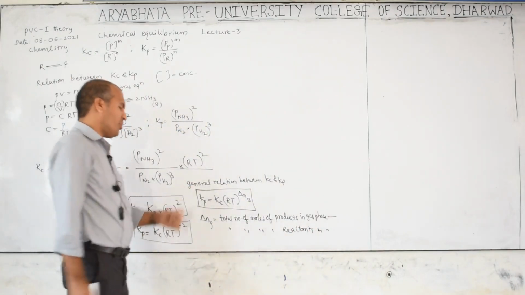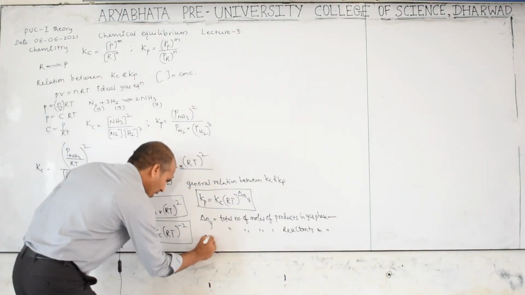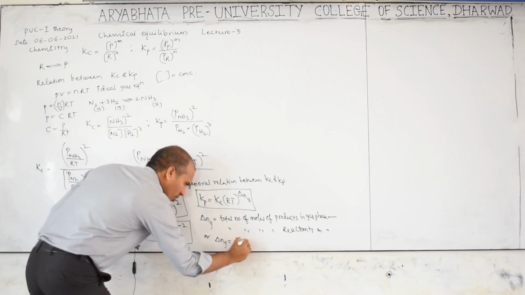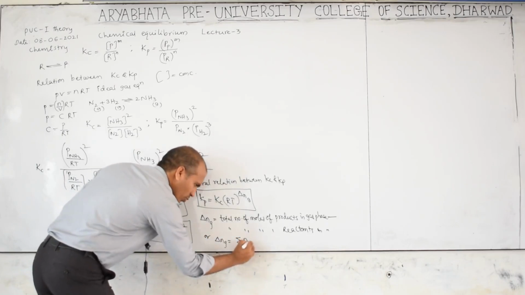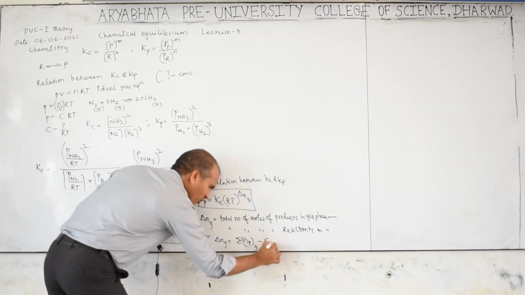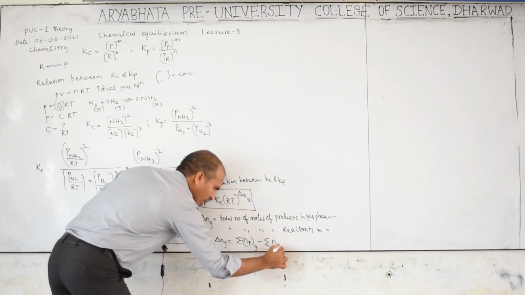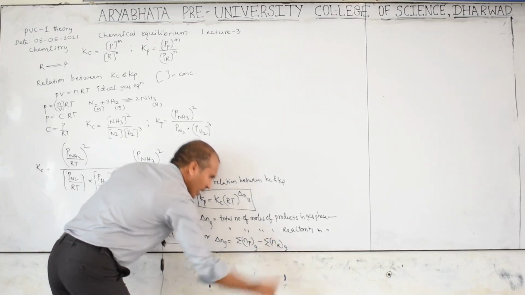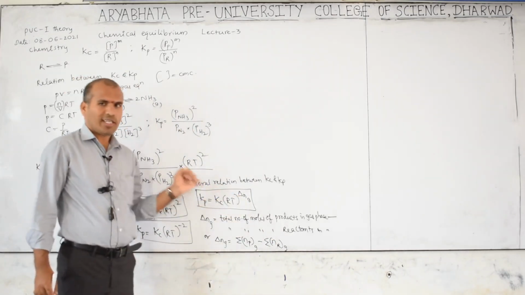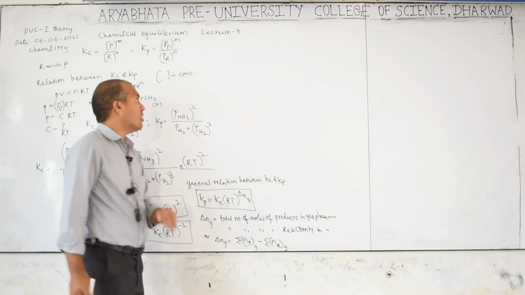Clear? Simply it is represented as delta n g is equal to the sum of moles of product in the form of gas minus the sum of moles of reactant in the form of gas. So that is when the equation in the gaseous state is applicable.